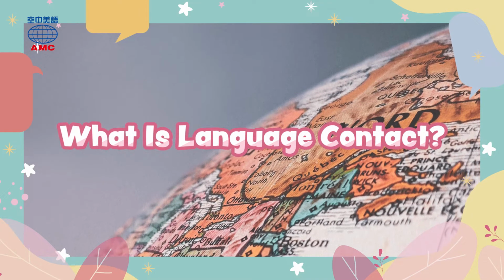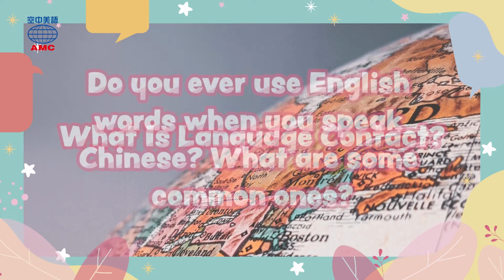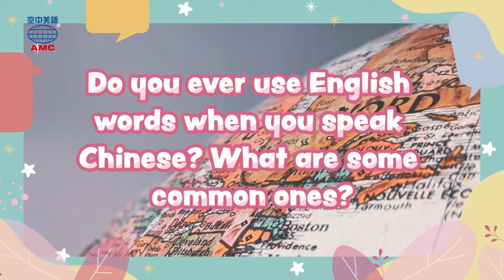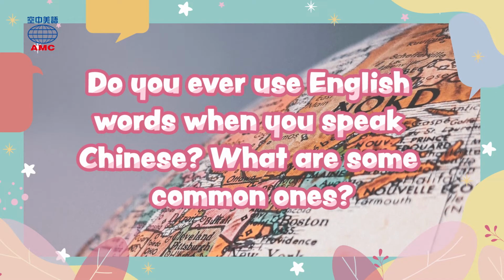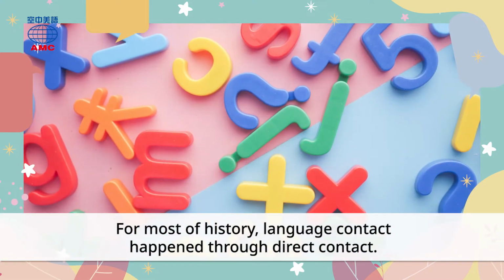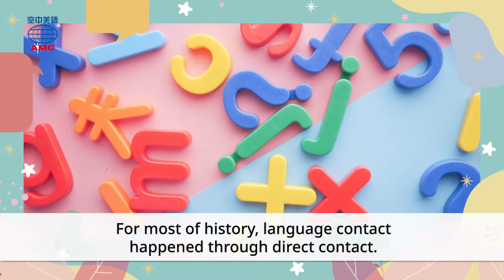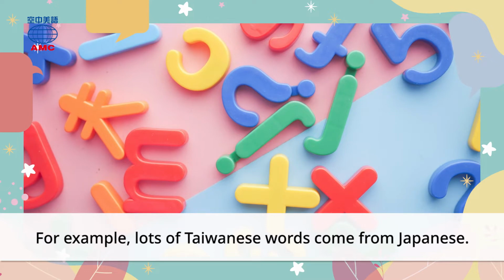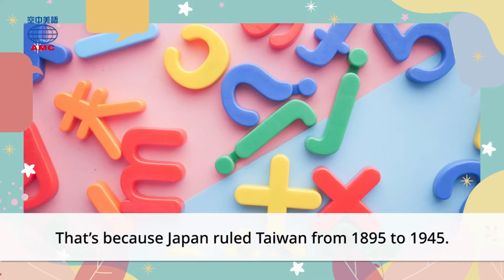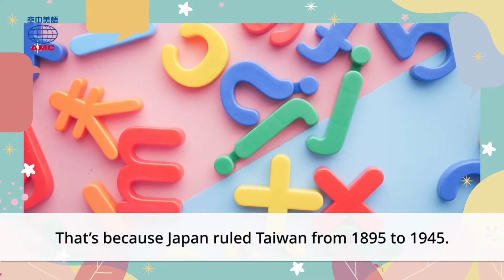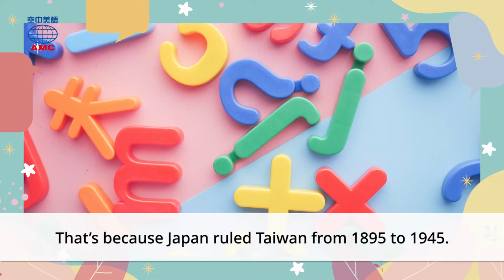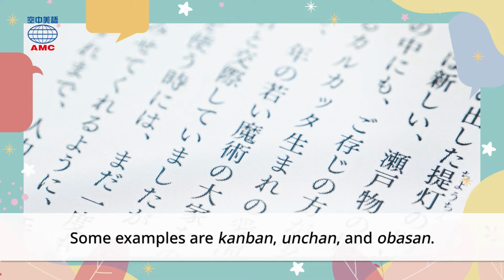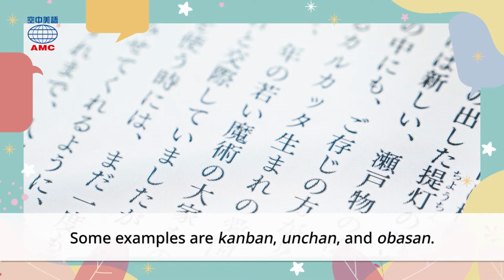What is language contact? Warm-up question. Do you ever use English words when you speak Chinese? What are some common ones? For most of history, language contact happened through direct contact. For example, lots of Taiwanese words come from Japanese. That's because Japan ruled Taiwan from 1895 to 1945. Some examples are kanban, unchan, and obasan.